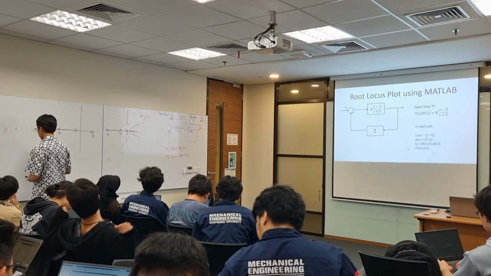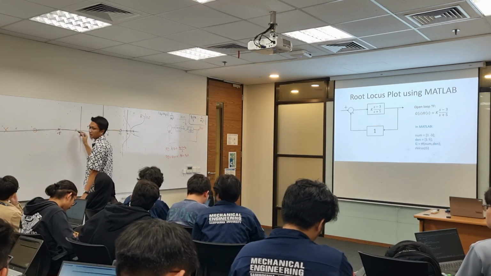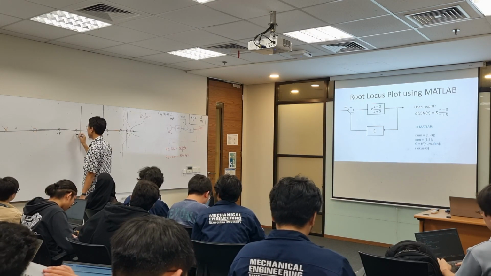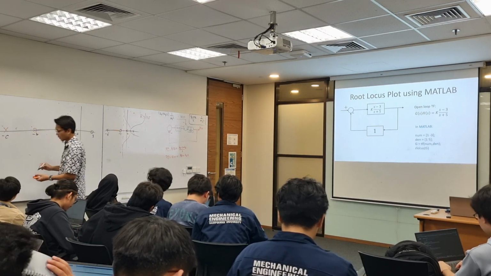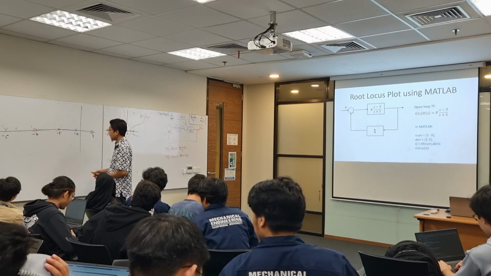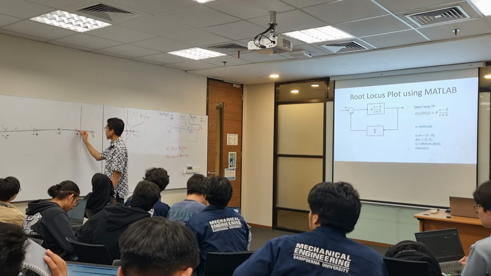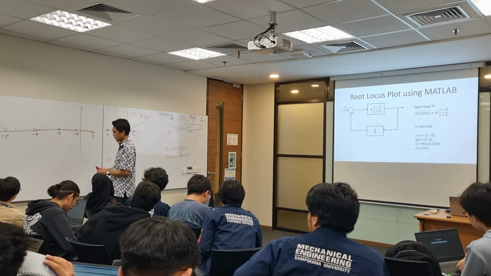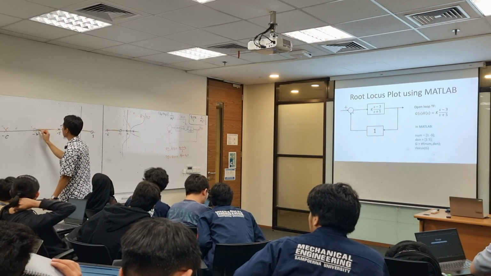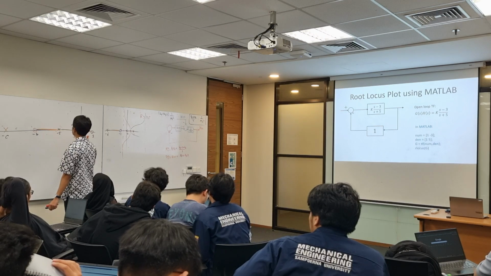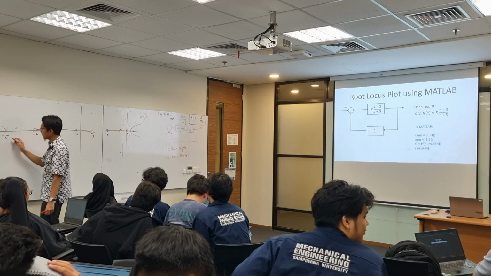Let's say this is my extra. Let's say this is minus A, minus B, this is minus C. So if I do that, there will be root locus here, and then another root locus will be here, and then another root locus over there.